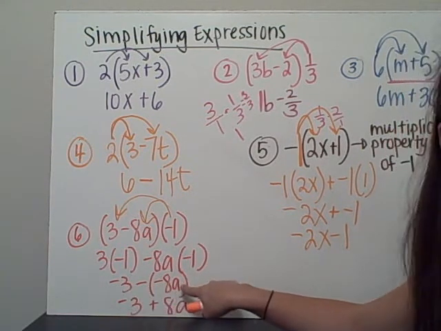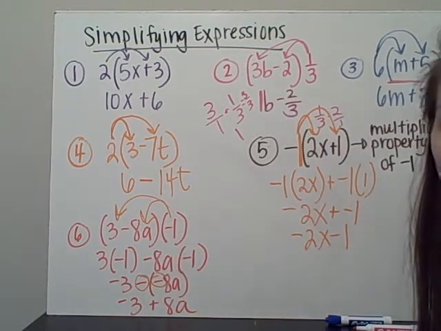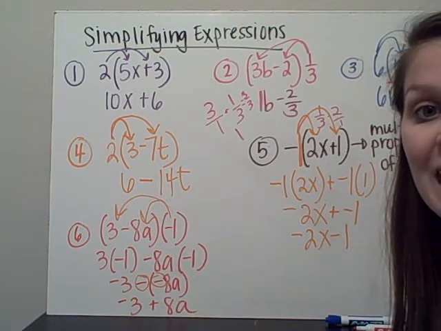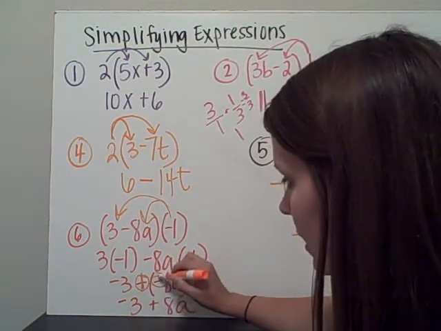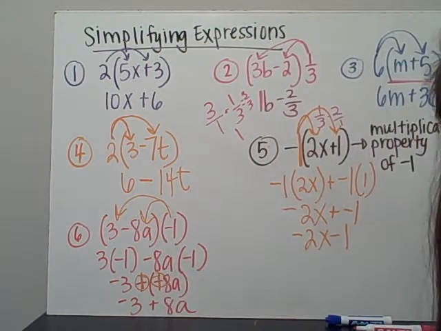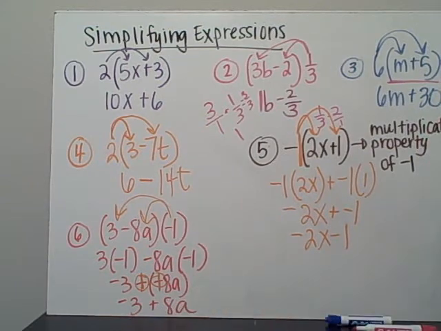Well, this does not look simplified because we have these two minuses up against each other. Well, we know subtraction is adding the inverse. So we are going to add the inverse. So our answer in simplified version is -3 plus 8a.